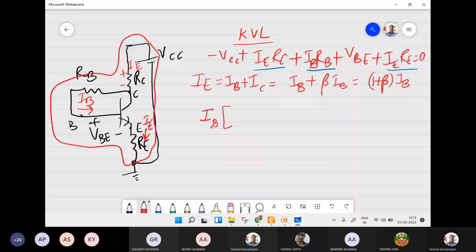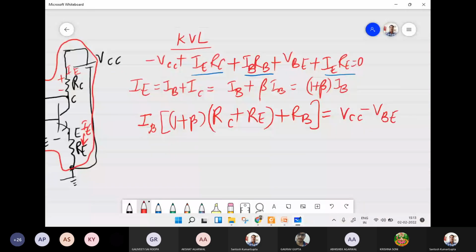First is 1 plus beta times RC, and the same with RE also. So we can club these together and write RC plus RE plus RB, all times IB, equal to VCC. The voltage terms we put on the right side: VCC minus VBE.